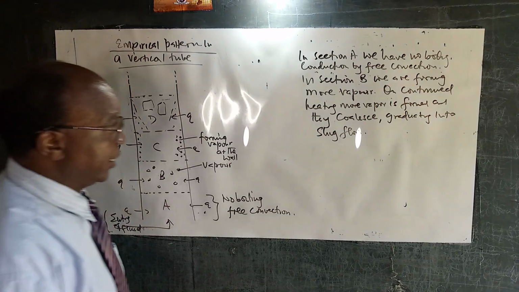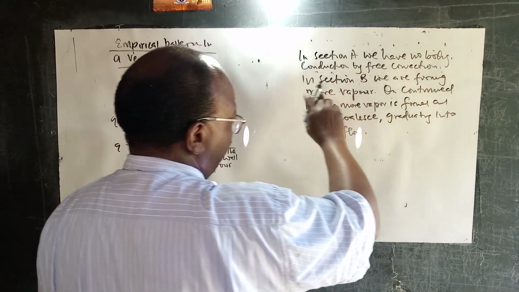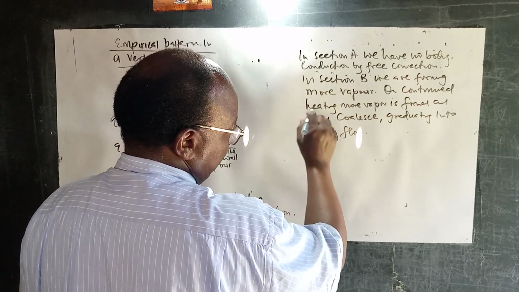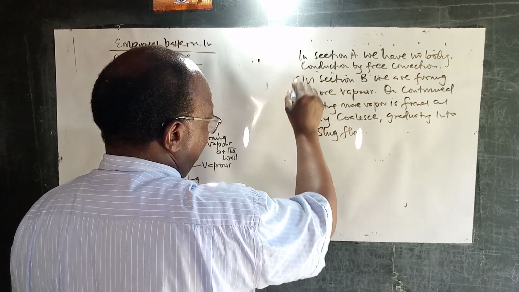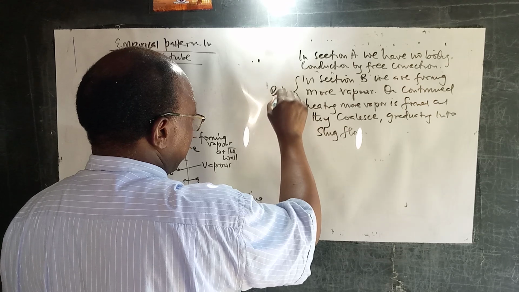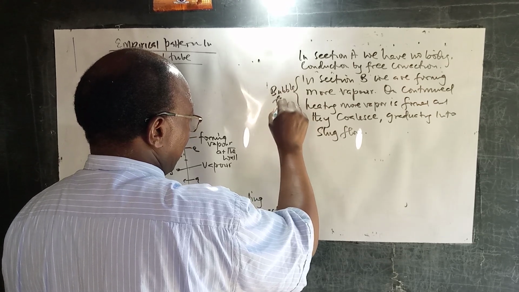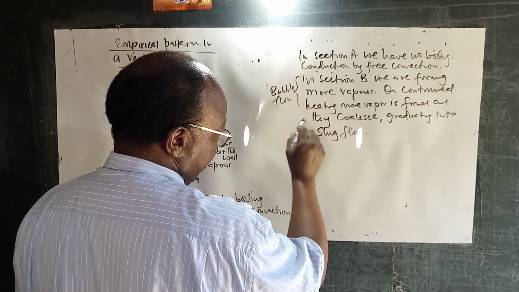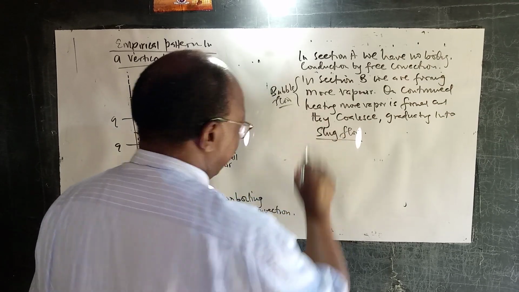So here we had the bubble flow. Here we have the bubble flow. Here we now have our slug flow.